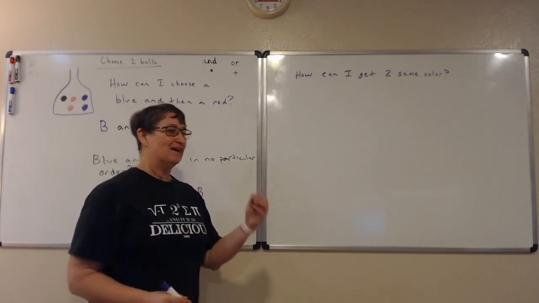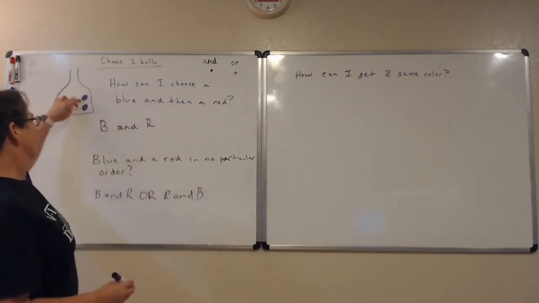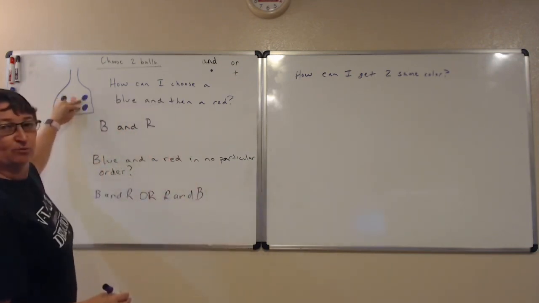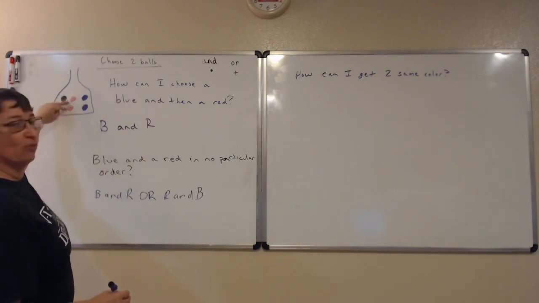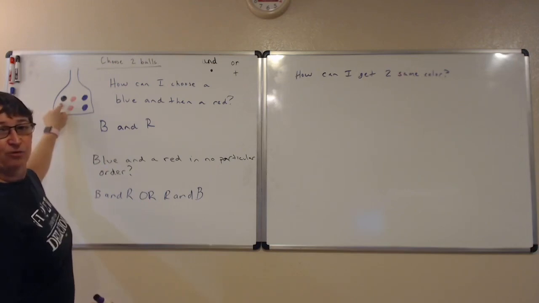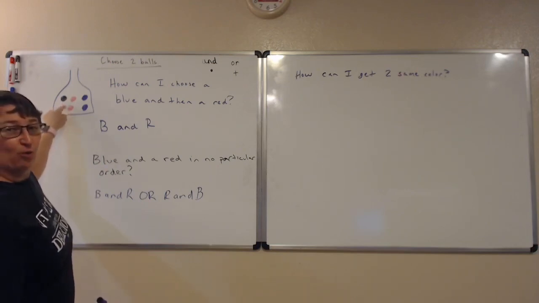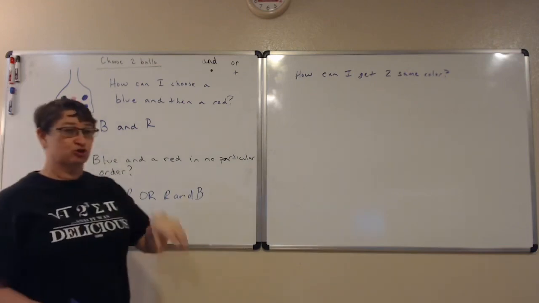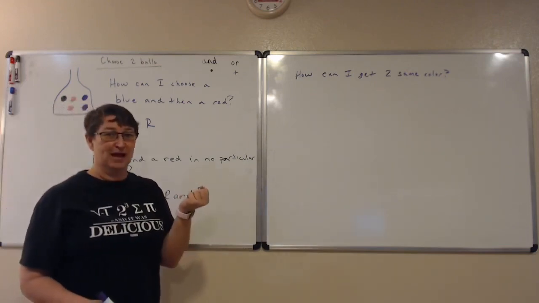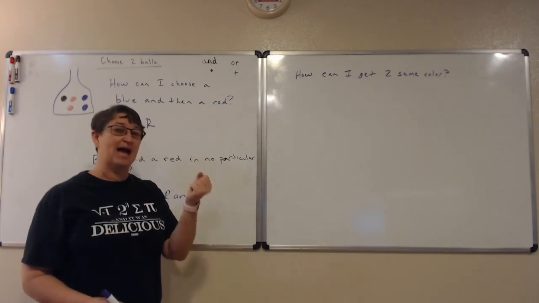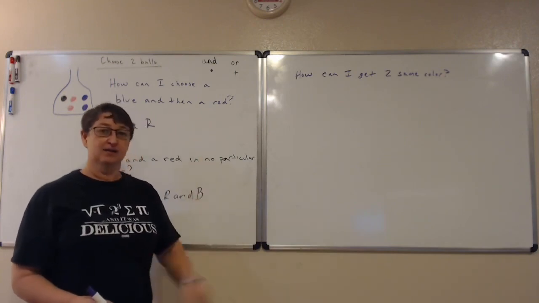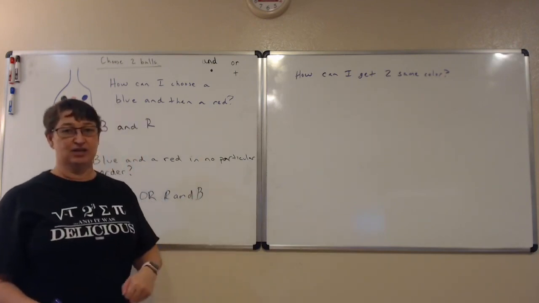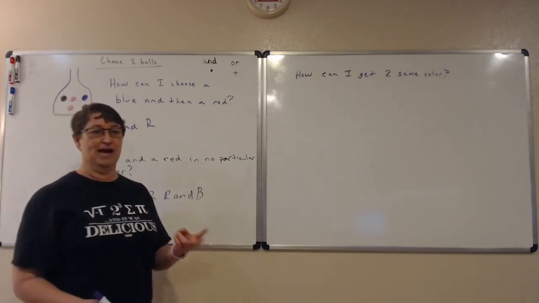I know that I can get a purple and a purple because there are two purples. I know I can get a red and a red because there are two reds. This black, though, there's only one more black in there. So if I'm taking out two, I can't get two blacks. But if I'm taking out a black and then putting it back in before I then take it back out again, then I could get two blacks.